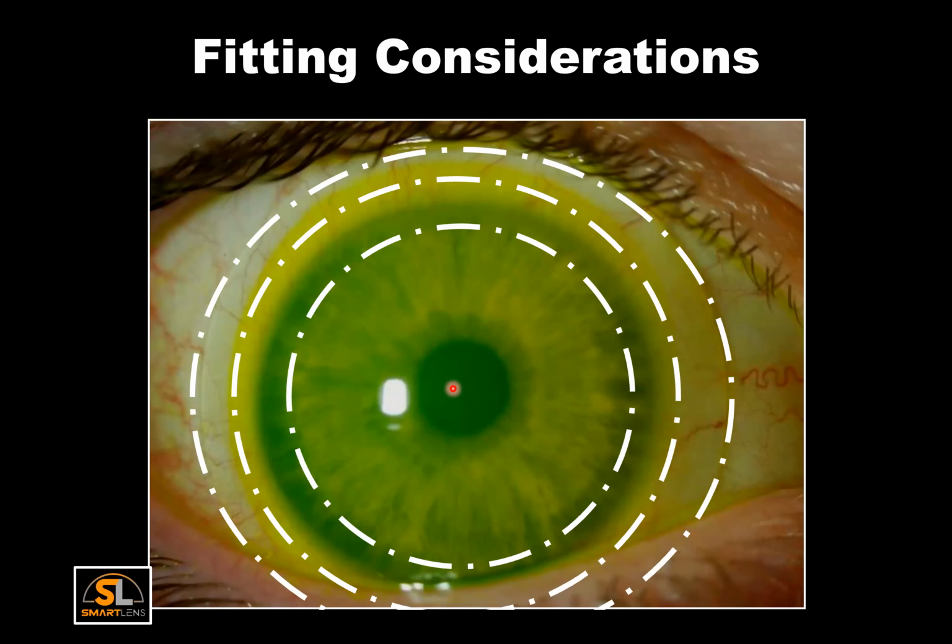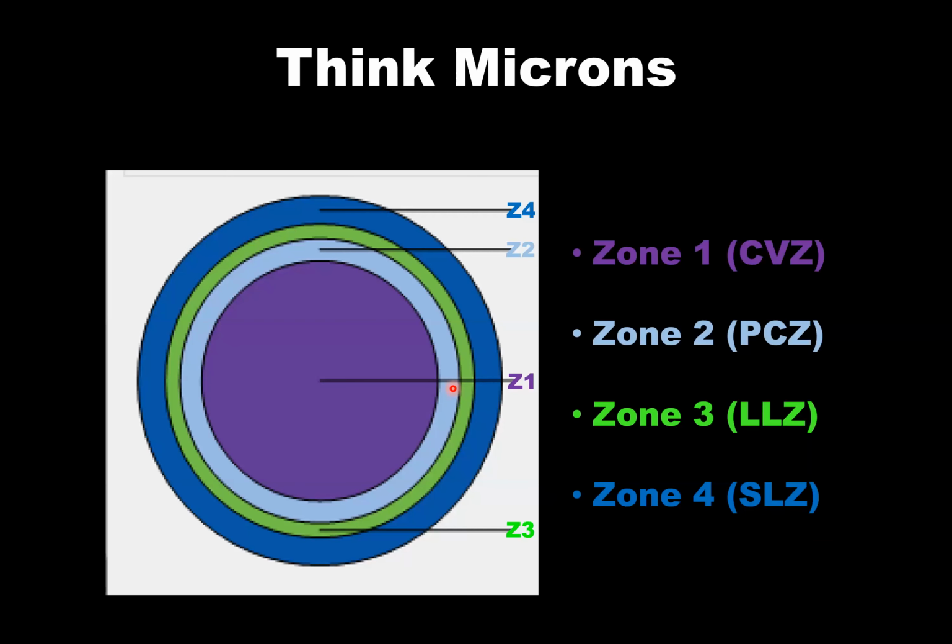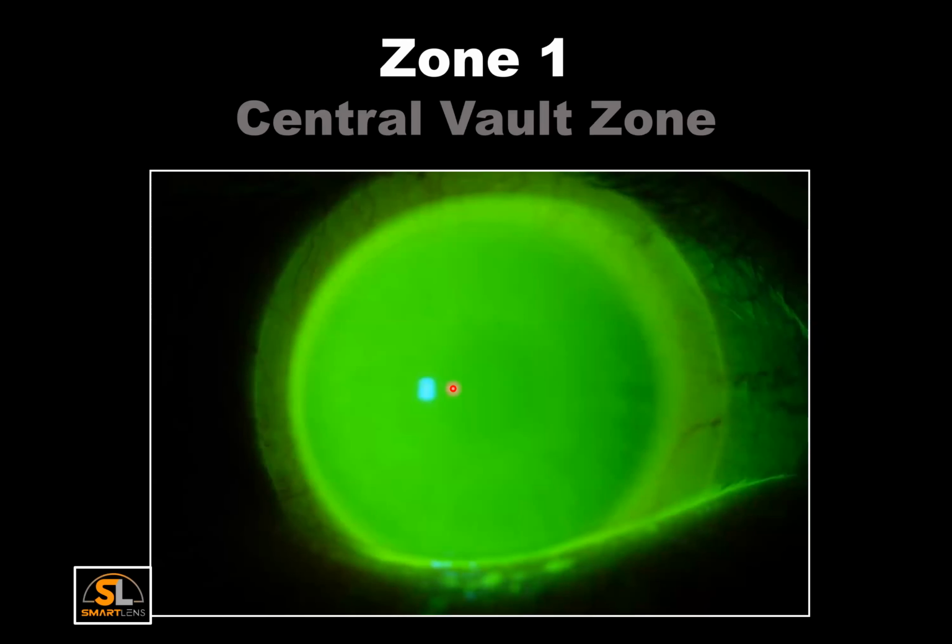Now, the SmartLens has 4 different zones. Zone 1 through 4, and each one has a specific function that relates to its underlying anatomy. So let's talk about each one of these zones.